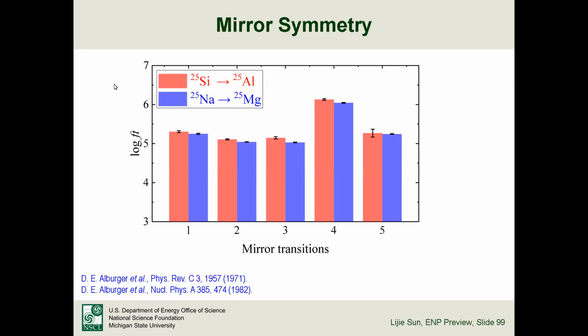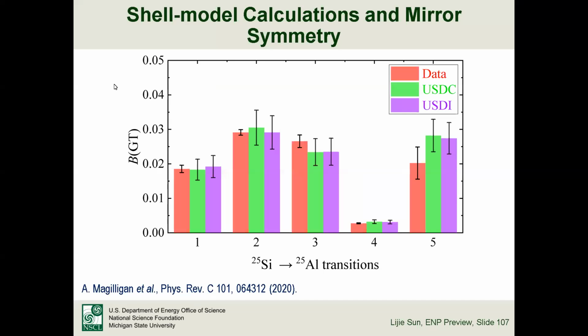The mirror asymmetry has been deduced for 5 transitions in mirror beta decays of silicon-25 and sodium-25. Although we can see the degree of isospin-symmetry breaking is quite small for all 5 transitions, in order to contribute to the systematic understanding of the nature of mirror symmetry breaking, we still need to study if we can reproduce this symmetry in our shell model calculations.